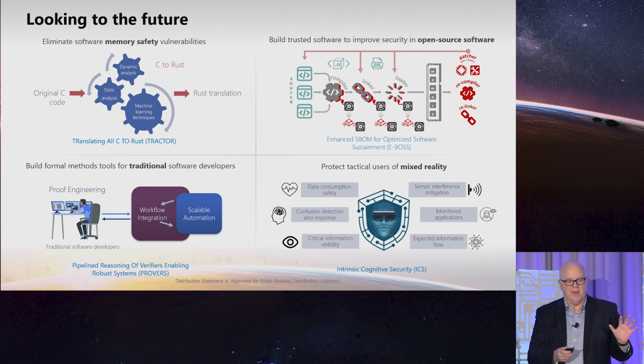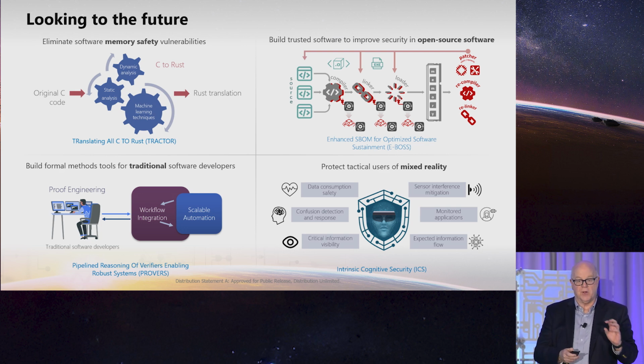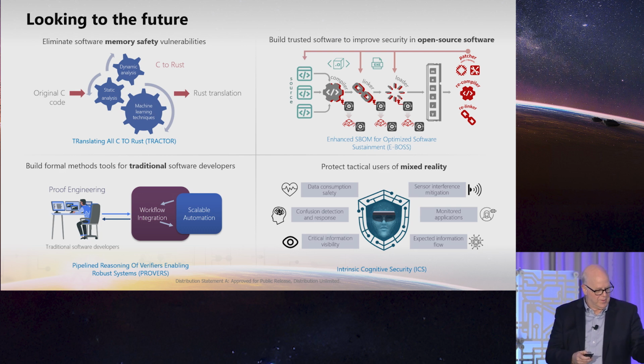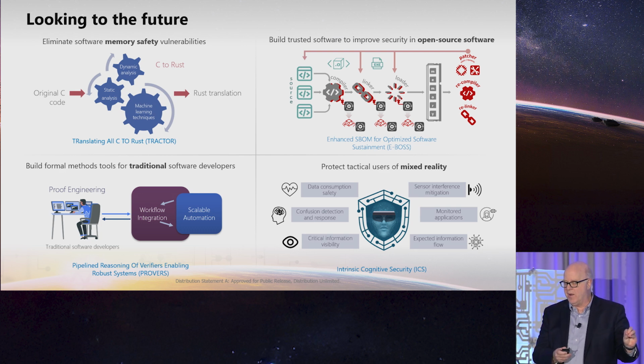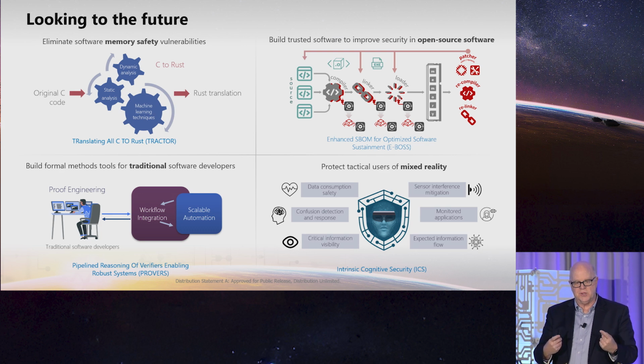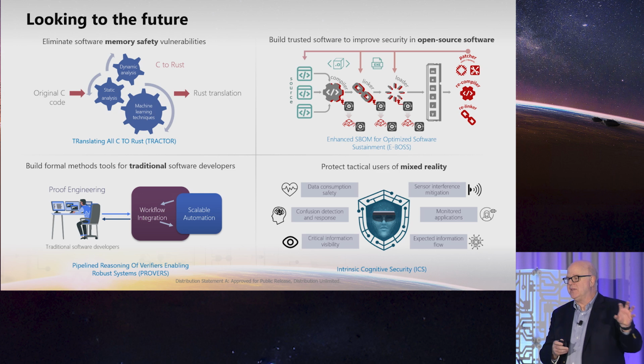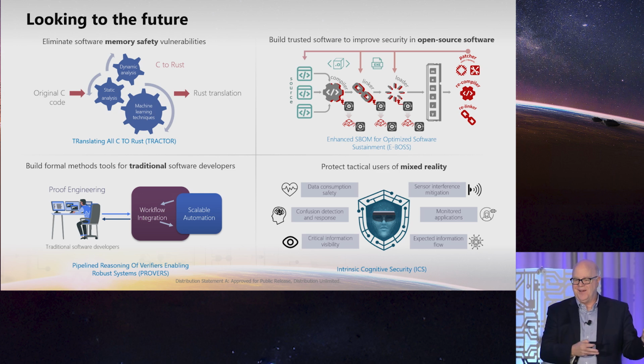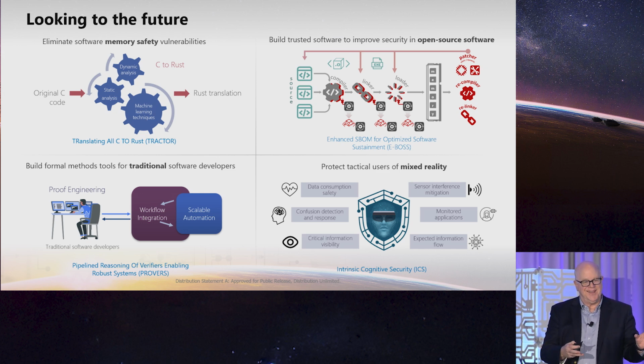So I want to briefly mention programs that are ongoing that look to accomplish that. One you've heard about, which was the TRACTOR program. Rust and these memory-safe approaches to building software are great. Can we translate all of the code that's written in a language like C automatically into idiomatic Rust is a program that's ongoing.